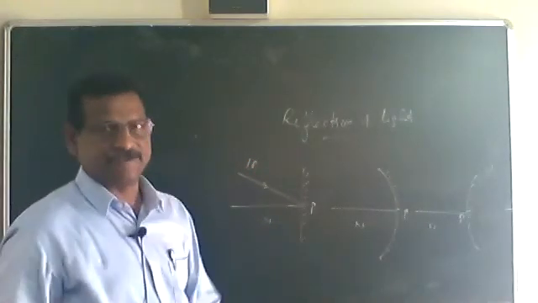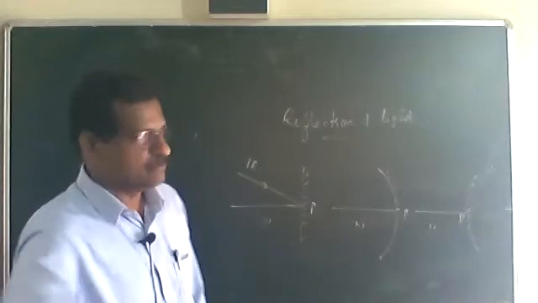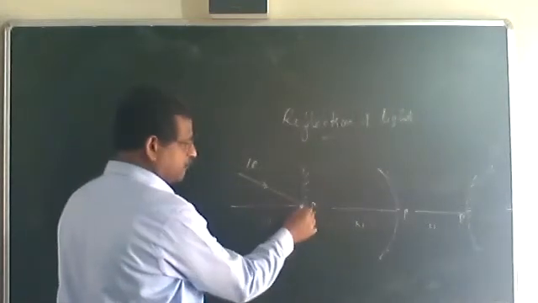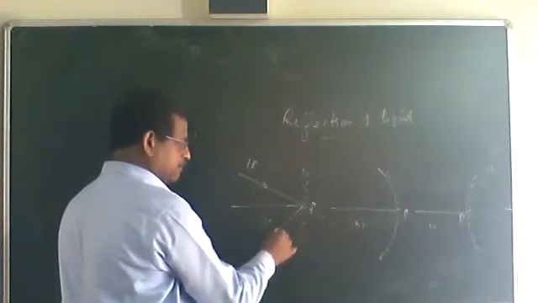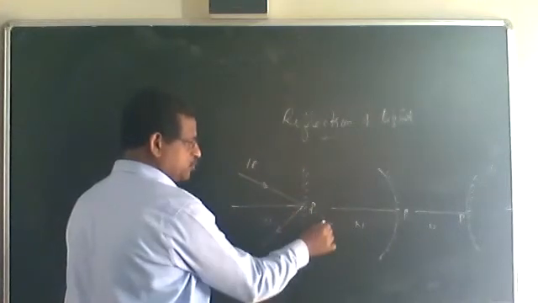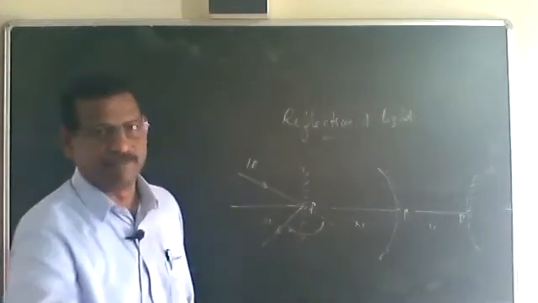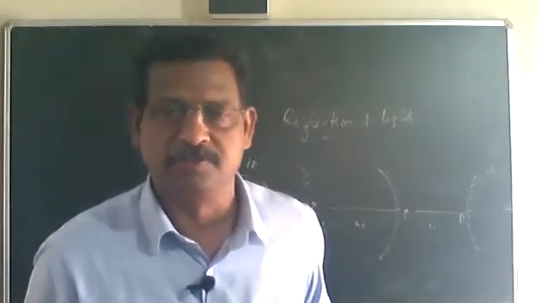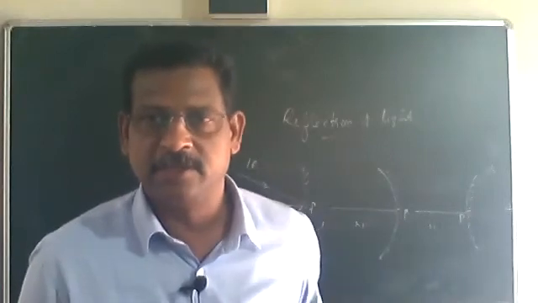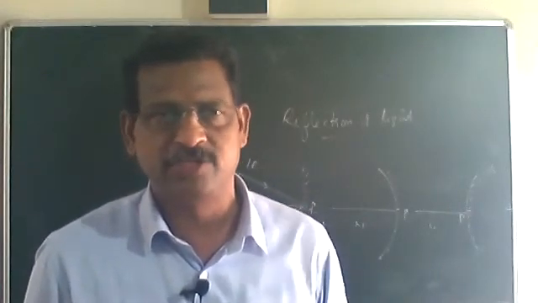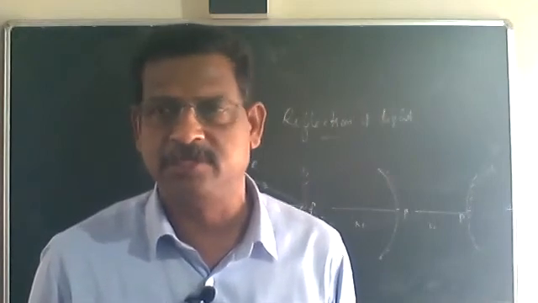It cannot go further. If it could, I would draw a dotted line, but it cannot go this way. But it reflects back into the same medium. It changes its path through this much angle, going to the same medium. That is called reflection. In reflection, the light is coming to the same medium, so there is no change in velocity, no change in frequency and no change in the wavelength.